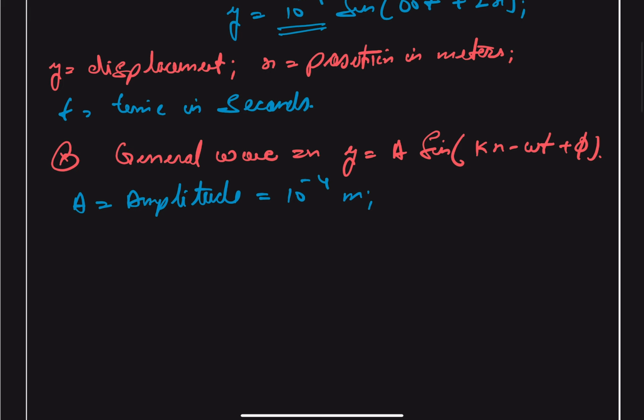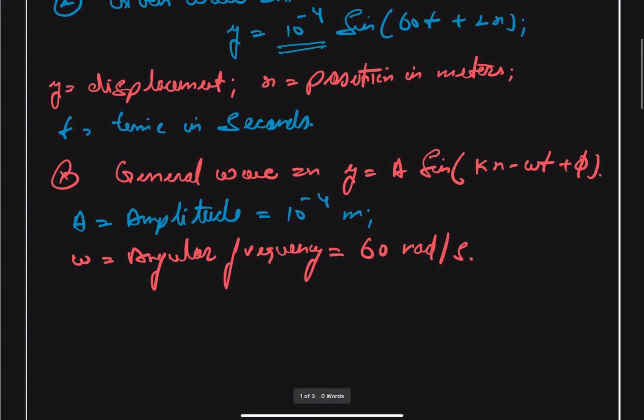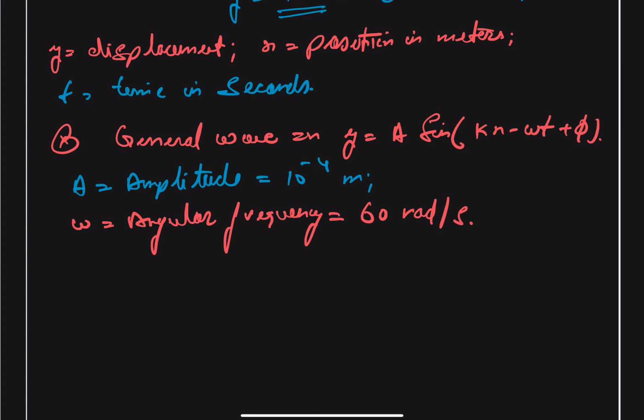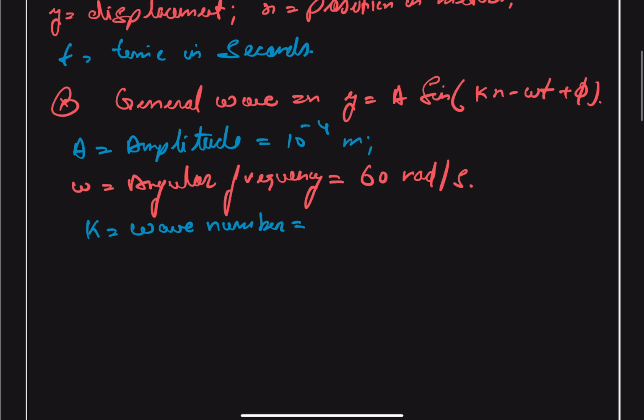The angular frequency is omega, so omega is our angular frequency, and it will be equal to 60 radian per second. And finally, k is our wave number, and the wave number will be equal to 2.